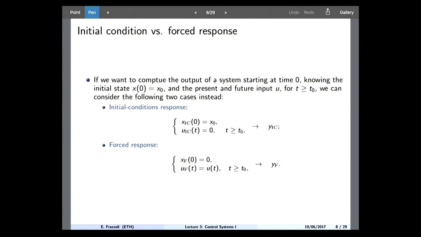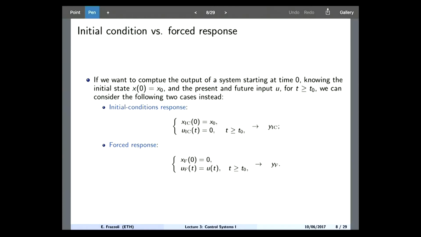I can compute my output by looking at what happens to my system if I only turn on the heater in the past, plus whatever happens to my system if I only turn on the heater in the future, okay?